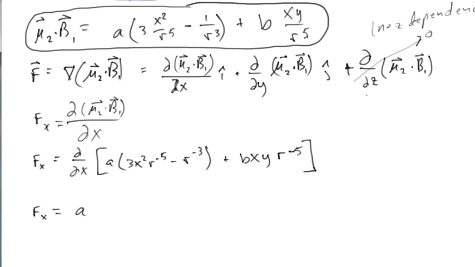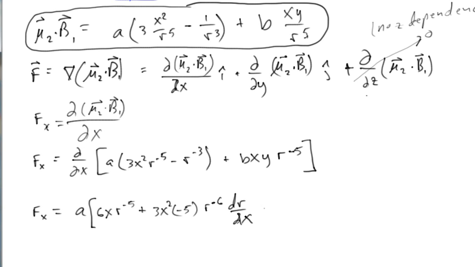The first one is a product, so it'll be 6x times r to the minus 5th, plus the 3x squared left unchanged times a minus 5 r to the minus 6, times dr by dx using the chain rule for that last part.